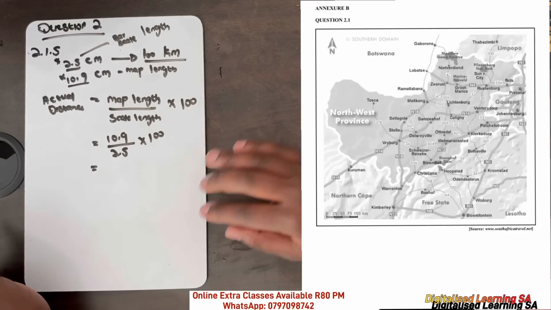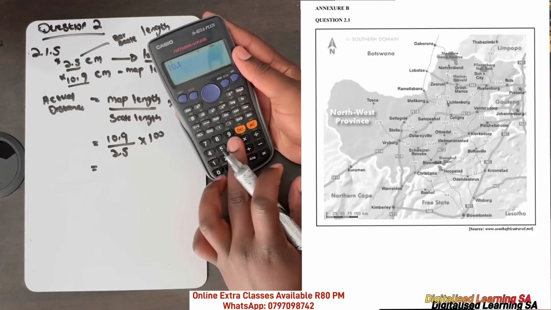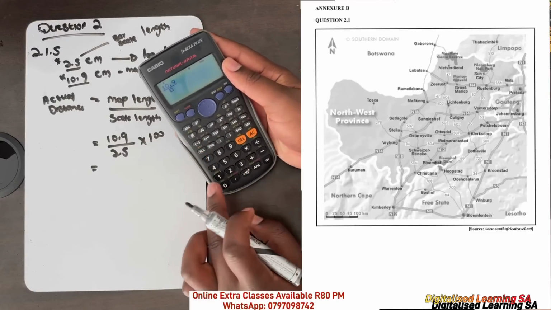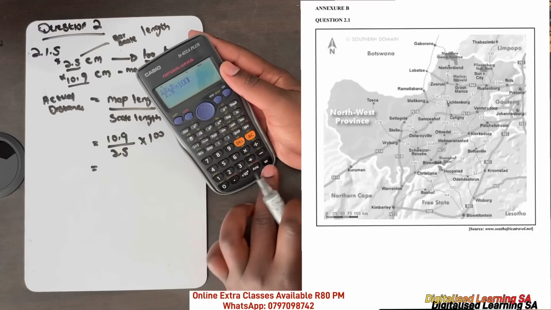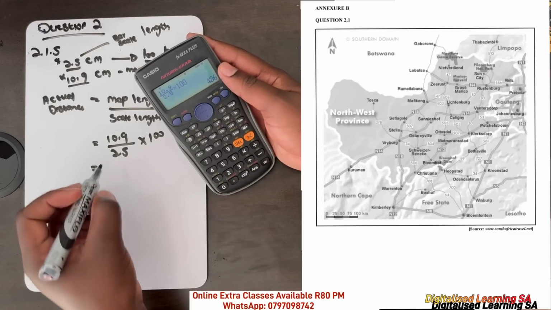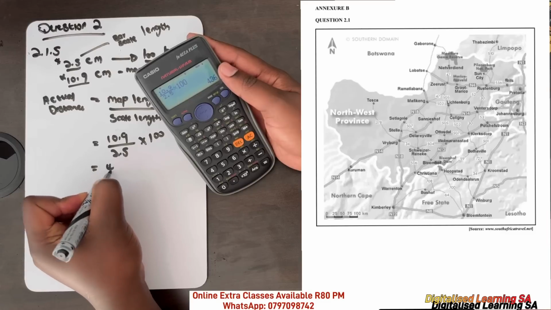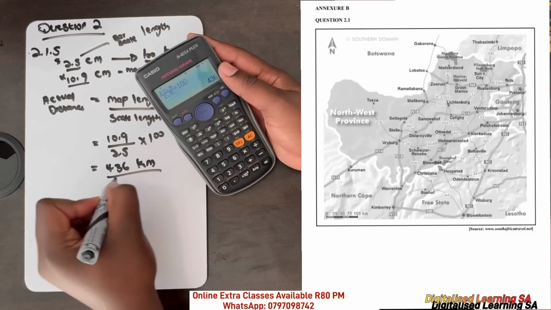So we say 10.9 divided by 2.5 multiplied by 100, and our answer will be 436 kilometers.